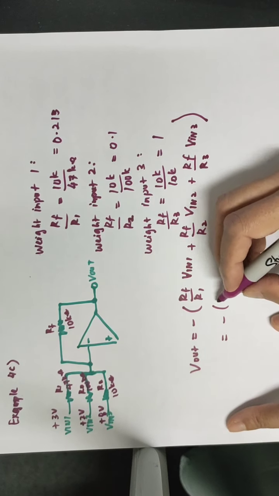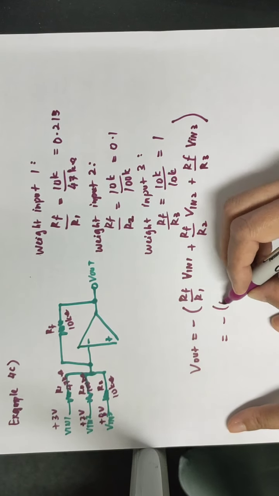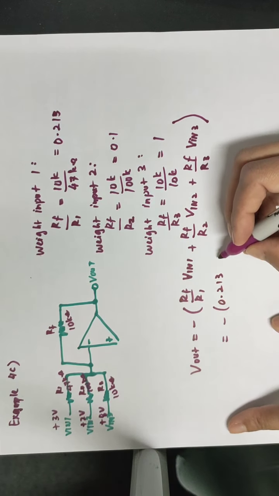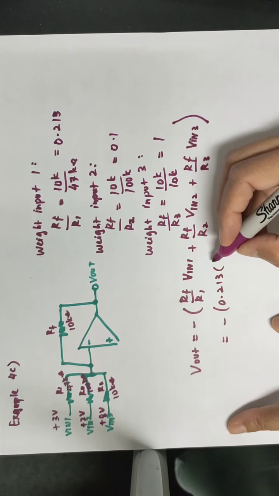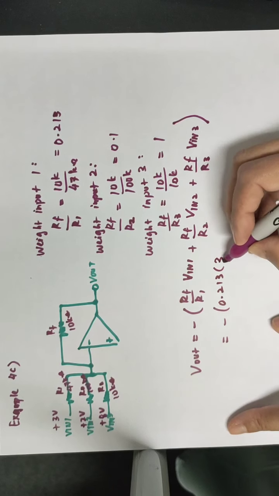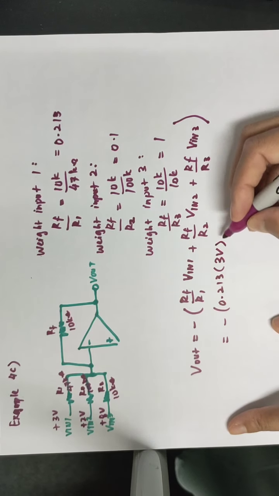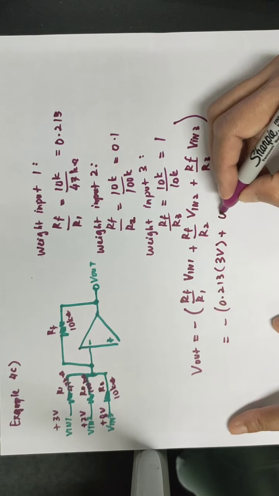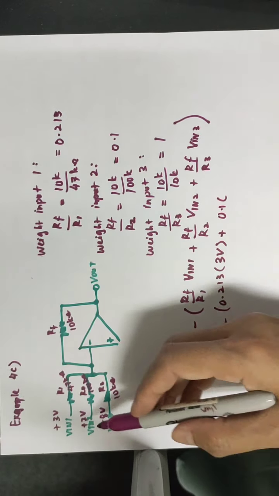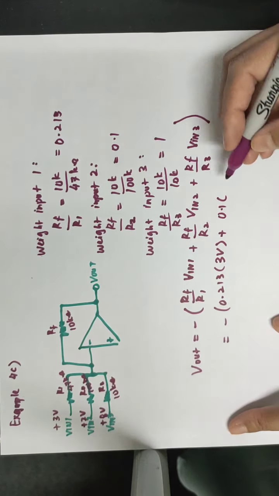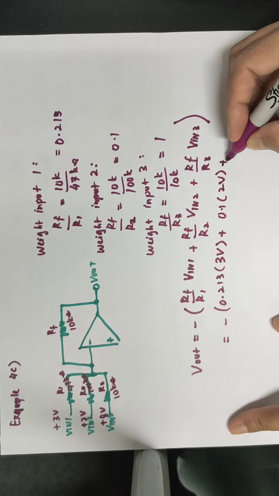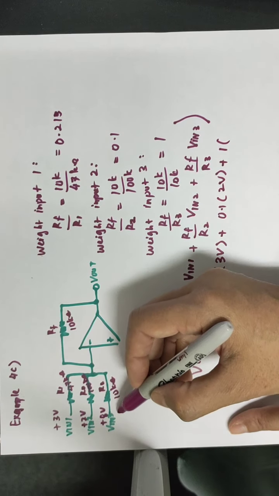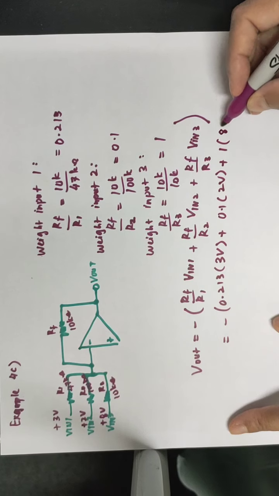So 0.213 times input 1, which is 3 volt, plus RF over R2, which we got as 0.1, times V in 2, which is 2 volt, plus RF over R3, which is 1, times V in 3, which is 8 volt.